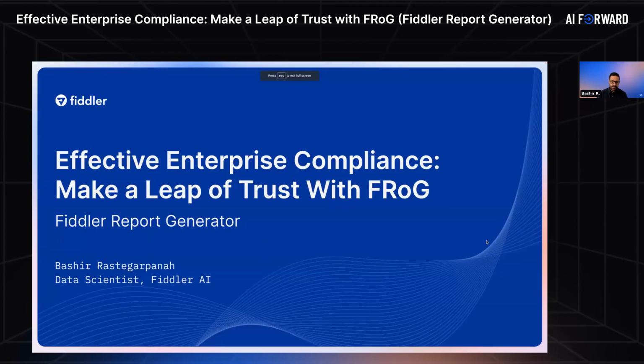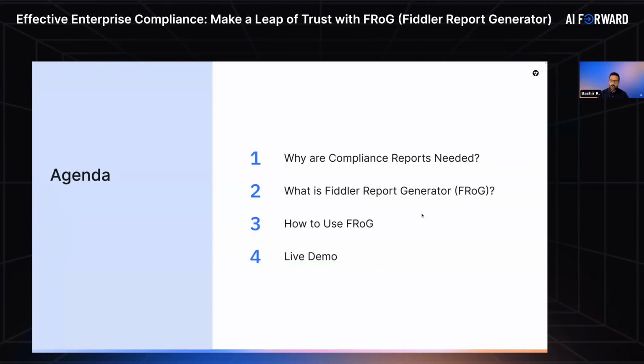Awesome. So I am Bashir, a data scientist at Fiddler, and I'm going to talk about a reporting tool that we have created at Fiddler called Fiddler Report Generator, or FRoG. The agenda for this presentation is the following. First, I'm going to start by talking about what compliance reports are and why they are needed.